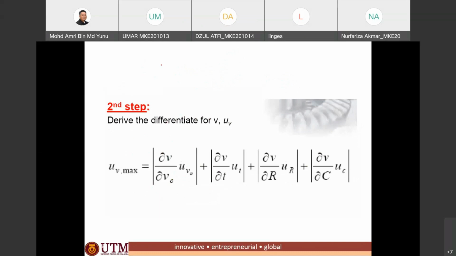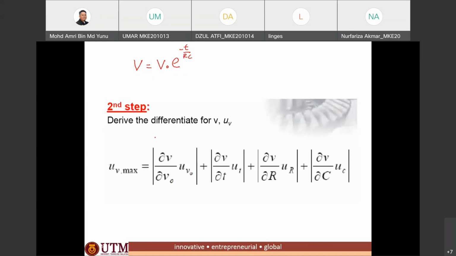So the main equation is V equals V out exponent negative t over RC. We need to differentiate this equation against every independent variable, and then multiply by the uncertainty.